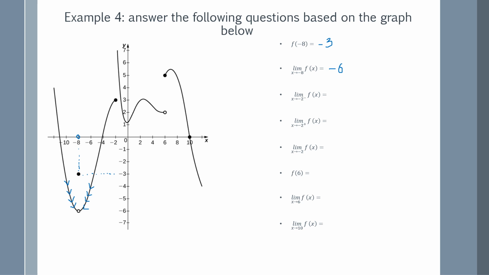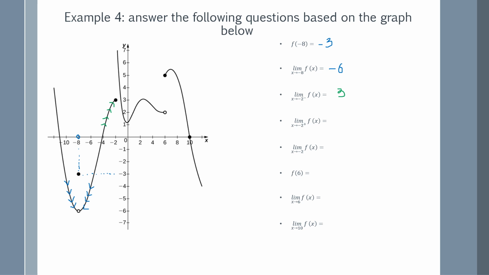Now let's switch our focus to the next point of interest, and that is -2. What happens as we approach -2 from the left? This is the branch that represents that behavior, and it looks like we are approaching 3. So that's the left limit of f of x as x goes to -2 from the left.